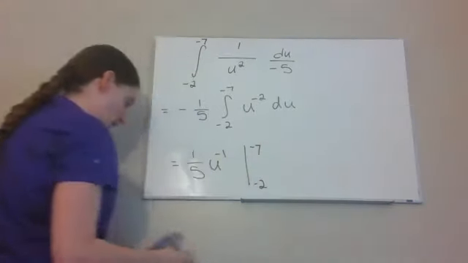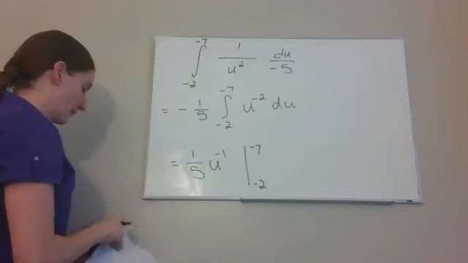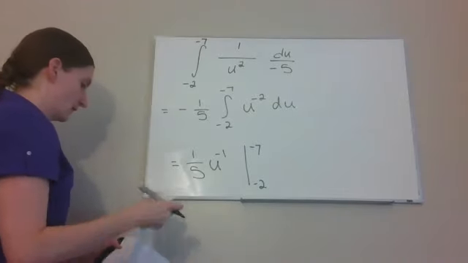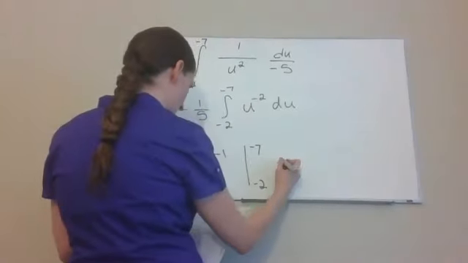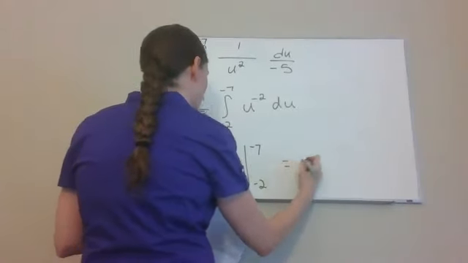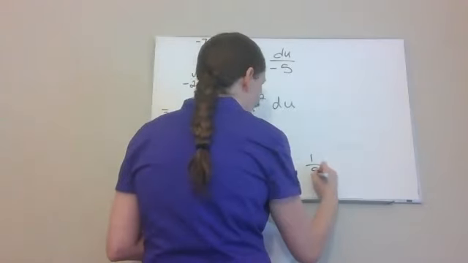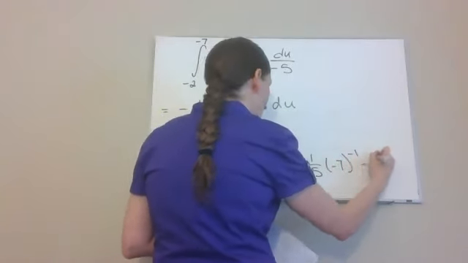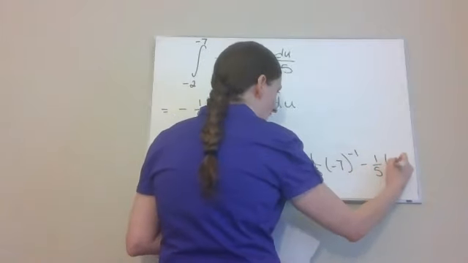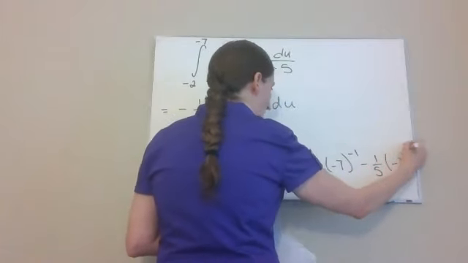And now I just have to plug in my values and simplify. So I get a 1/5 negative 7 to the negative 1 minus a 1/5 negative 2 to the negative 1.